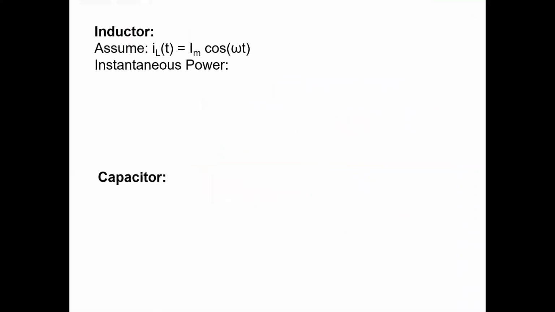Now, what about inductors and capacitors? Okay, this is where it gets a little bit interesting, because with an inductor, you have an IL going into the inductor, and it's going to have a VL induced across it. We know that VL is L di/dt.